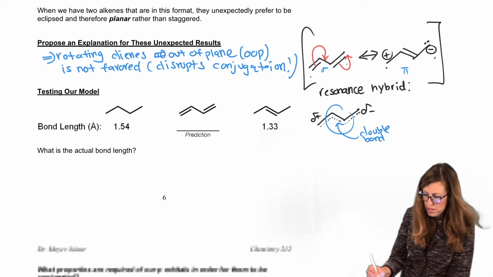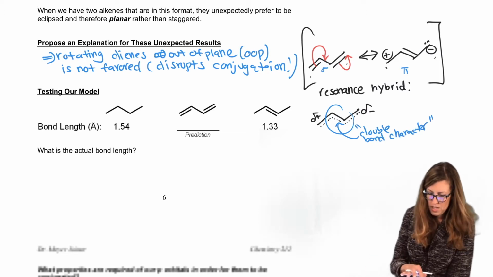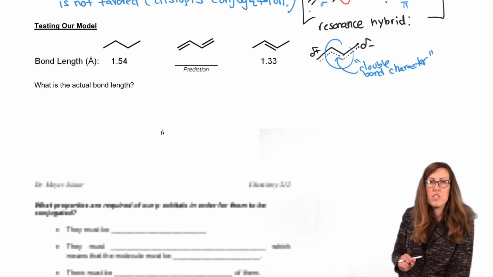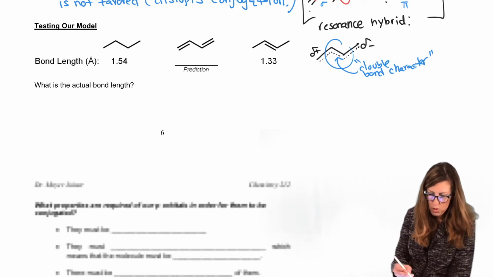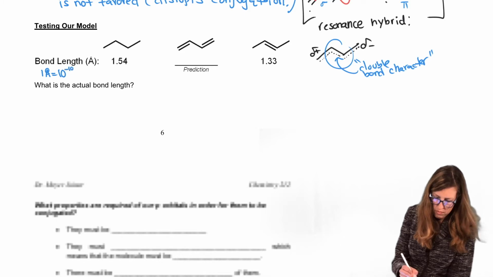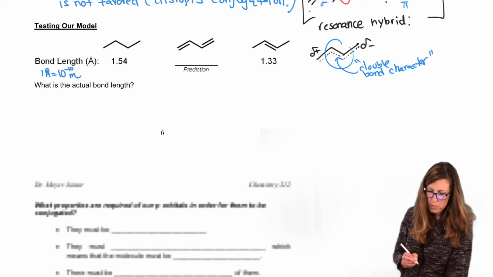If it has double bond character, that means it's not entirely described with the same parameters as a single bond, which means it should not have the exact same bond length. Remember, the bond length's reported in angstroms. That's 10 to the minus 10 meters, just because it gives much nicer numbers than having to write exponents.